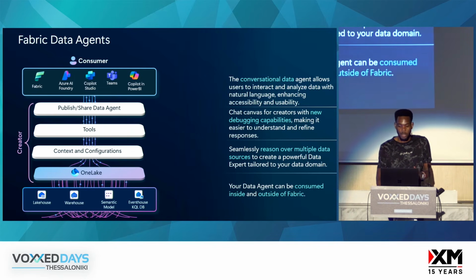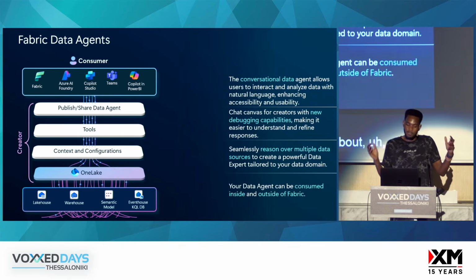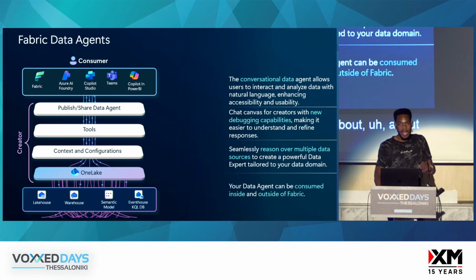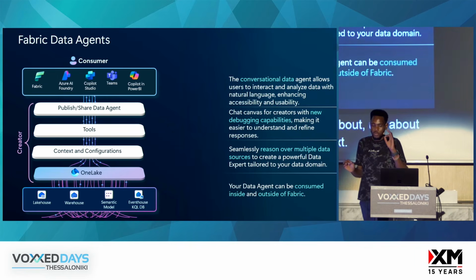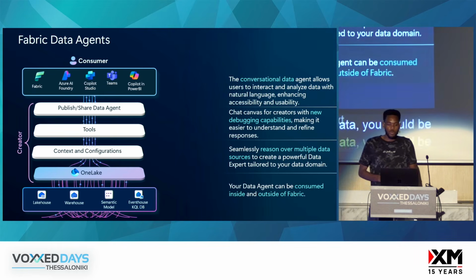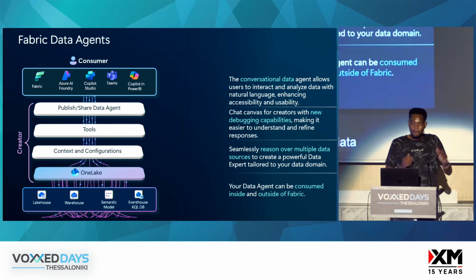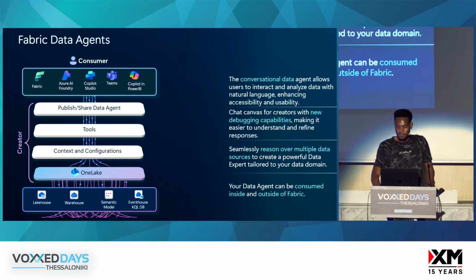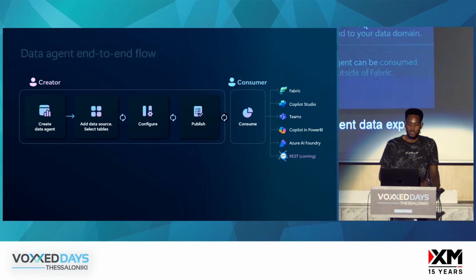And so you're able to have a conversation about your data, and this agent has context over the data that you have. So you could have your real-time data, data coming from your operational databases, data from your warehouses, but this AI agent is going to be your resident data expert based on the data that you actually have inside of Microsoft Fabric.